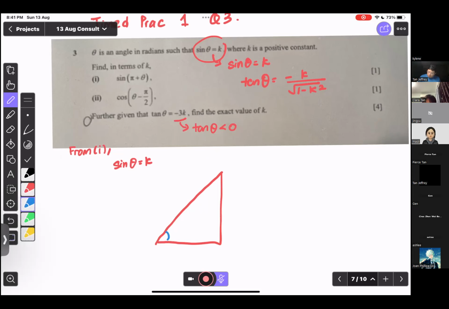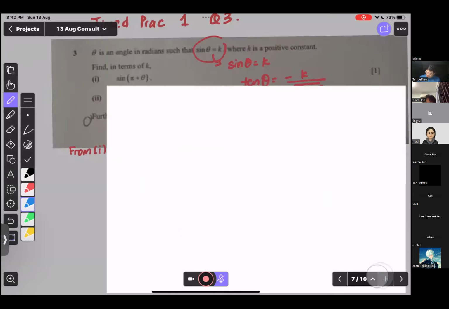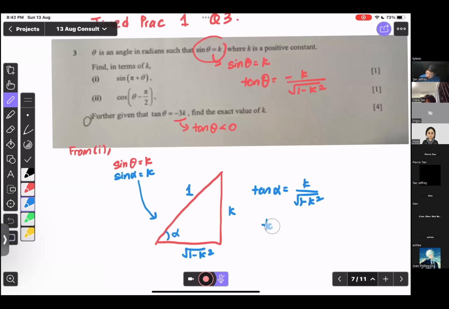Let's say I look at my alpha, opposite over hypotenuse, because sine alpha will also be equal to k. Then this will be square root 1 minus k squared. Am I right? From part 1, tangent alpha is opposite over adjacent, right?